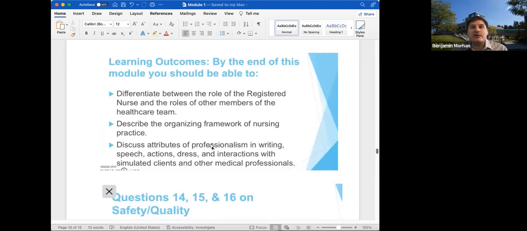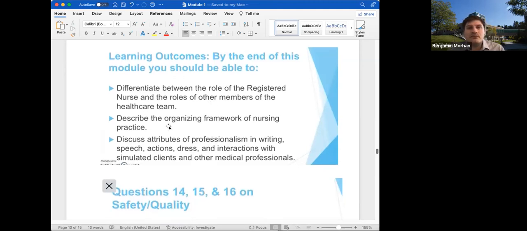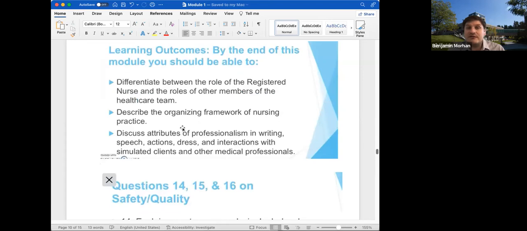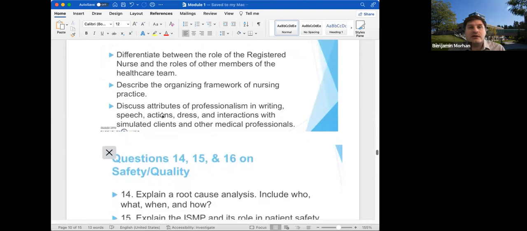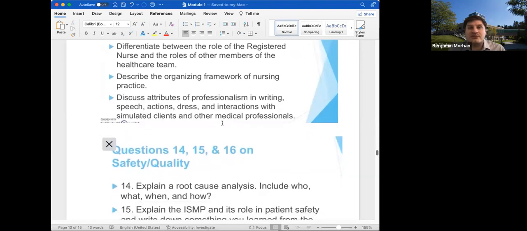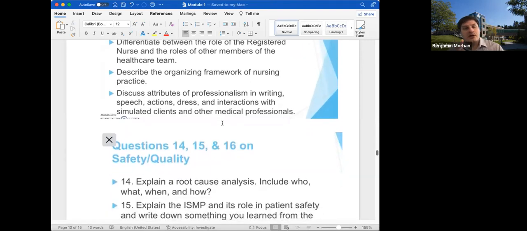So learning outcomes, we're hoping that by the end of the module, you understand the framework, you understand the role of the registered nurse with the healthcare team, and also the attributes, right? So remember, as a registered nurse, every time you document, other professions read it, right? So you have the medical doctor reading your progress note.